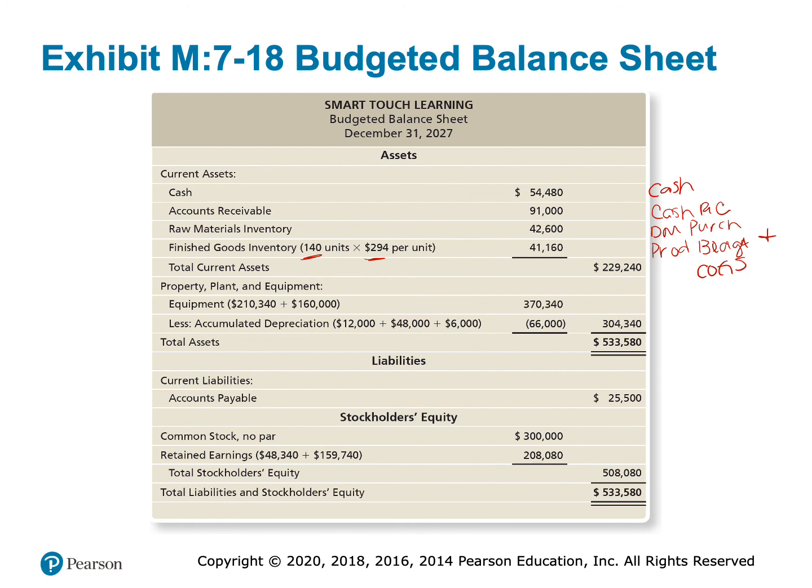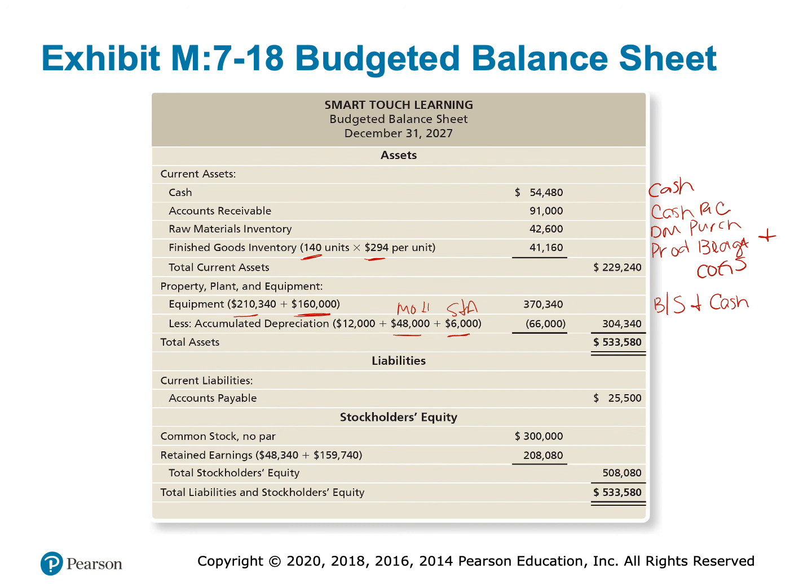So our equipment was last year's equipment plus the new equipment that we bought. So that came off of the old balance sheet and the cash budget. Our accumulated depreciation was last year's depreciation plus the depreciation from the overhead budget plus the depreciation from the selling and administrative expense budget.